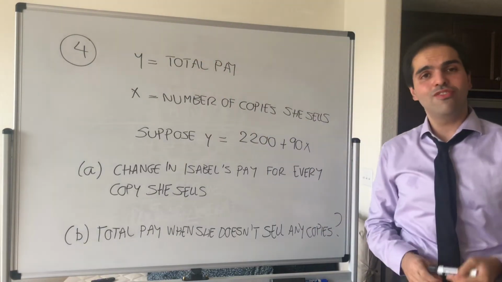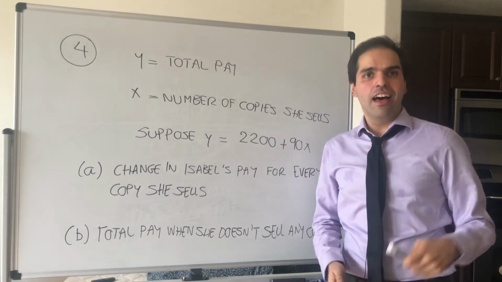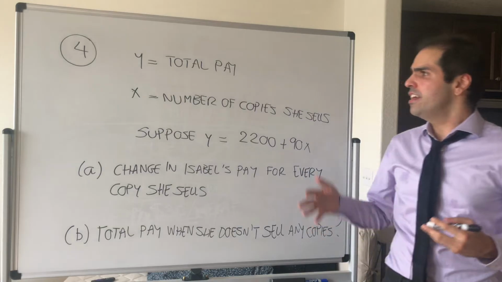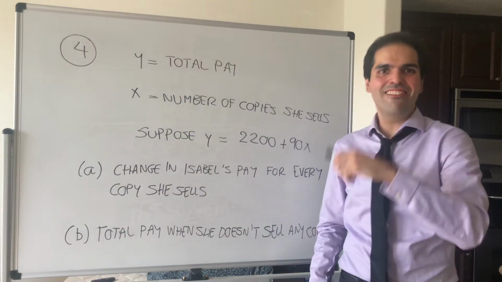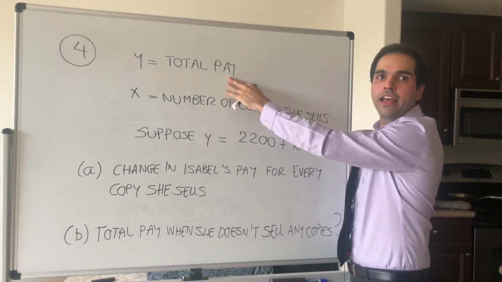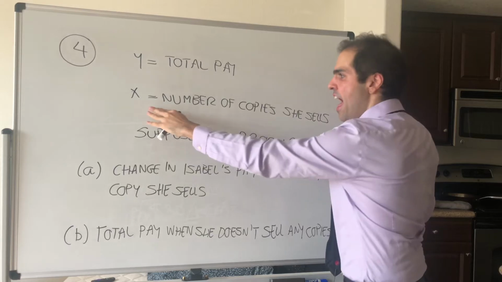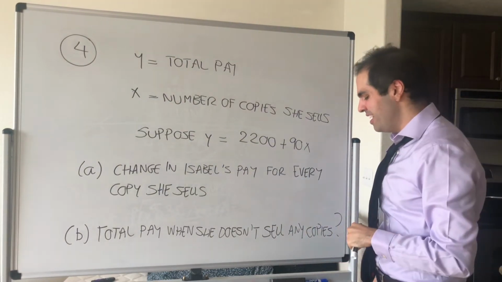All right, question 4, another fun word problem. So suppose Isabel is a salesperson and she sells copies of the book Math for Fun, which I recommend you to read. And suppose her total pay is Y dollars and X is the number of copies she sells. Let's say 10 copies, 20 copies.